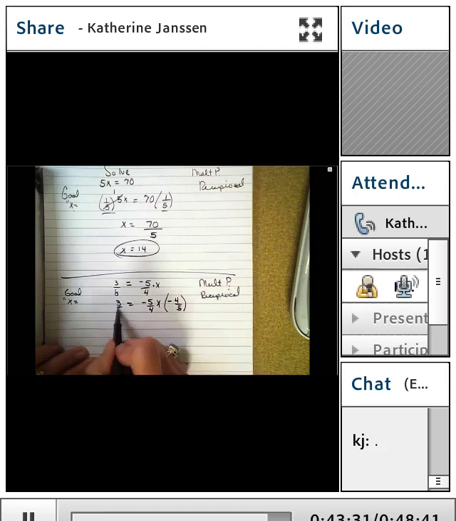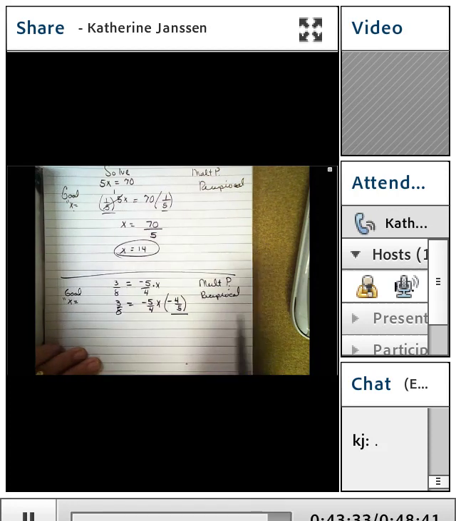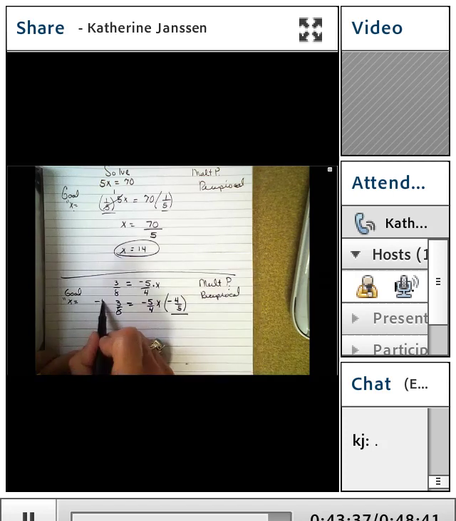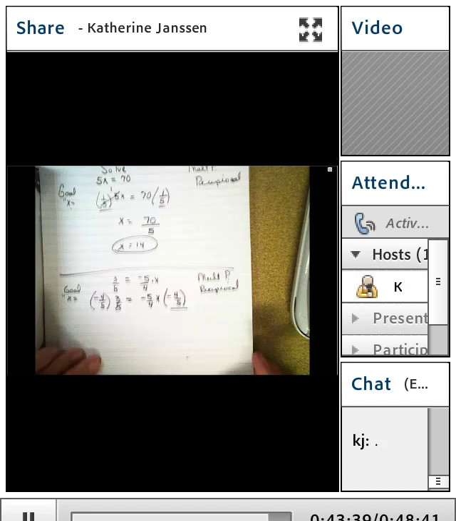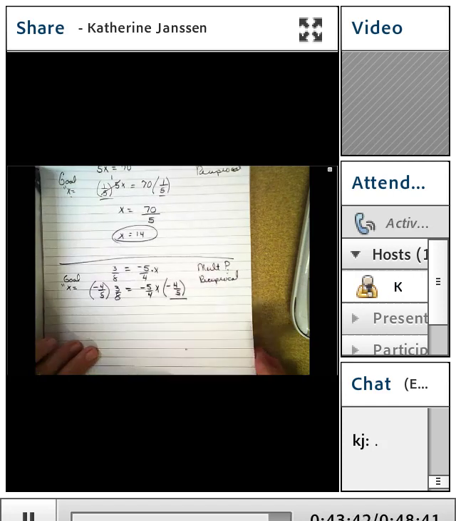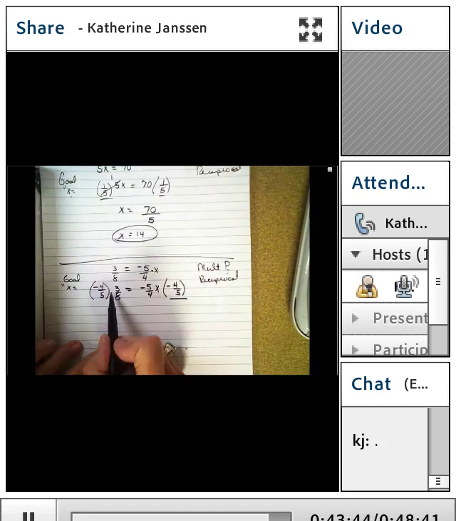But if I multiply by the reciprocal on this side of the equation because of some strategy, I'll have to multiply by the reciprocal on this side of the equation to maintain my equivalency. Multiplication of fractions is a piece of cake. A negative 4 times 3 is a negative 12, and 5 times 8 is 40.